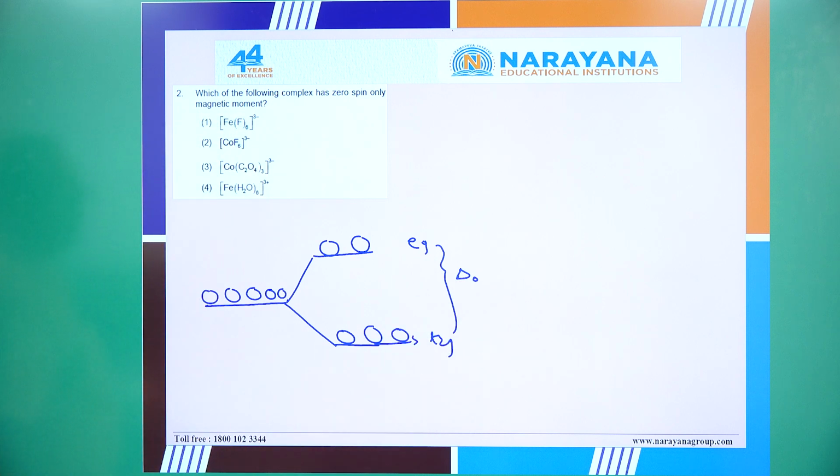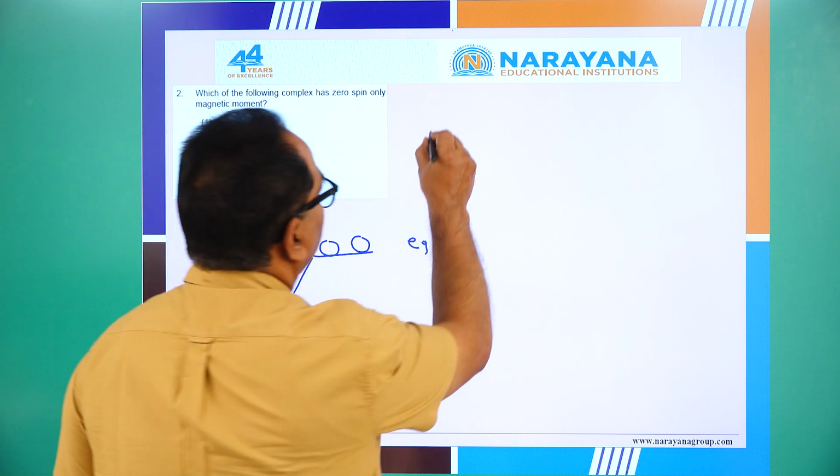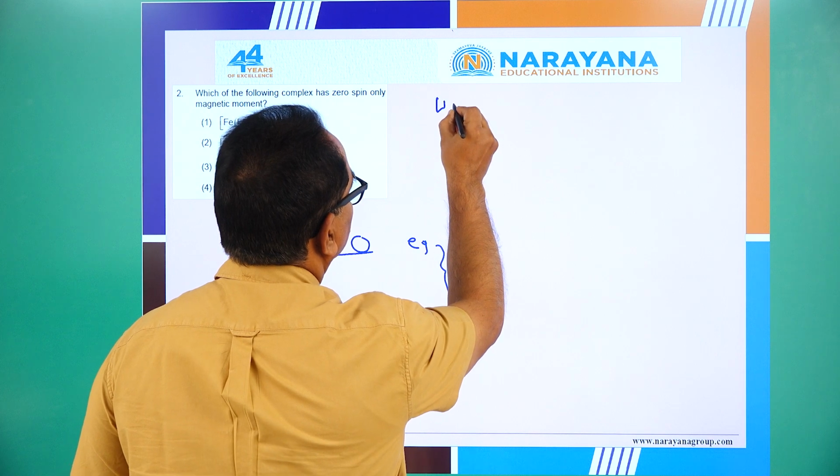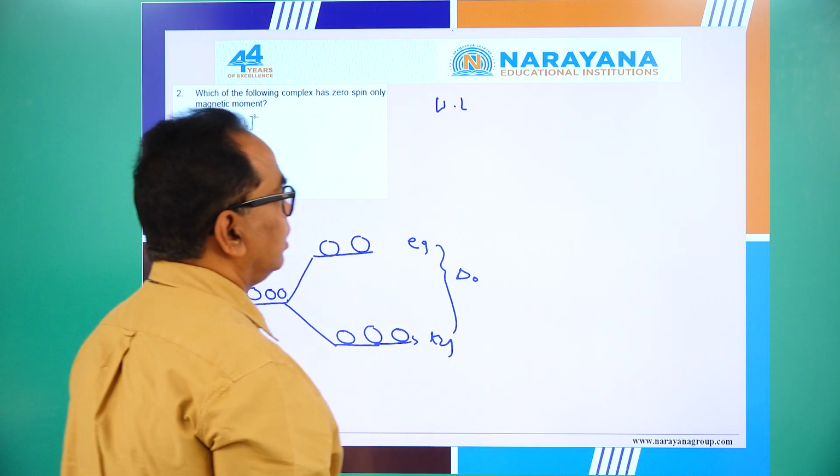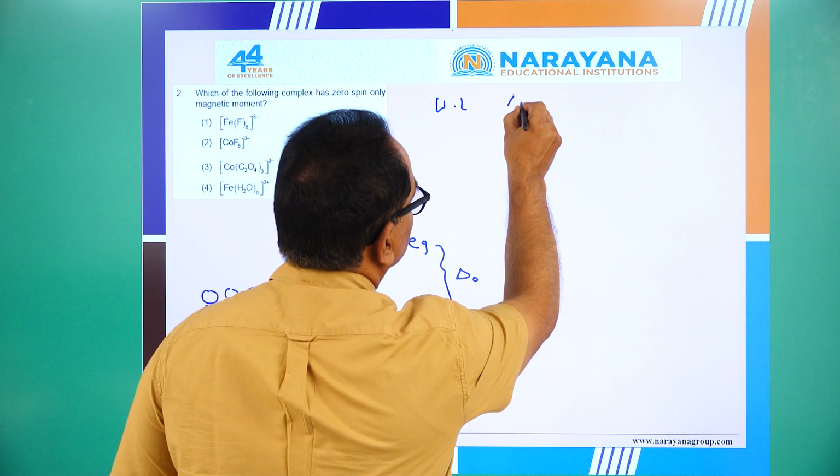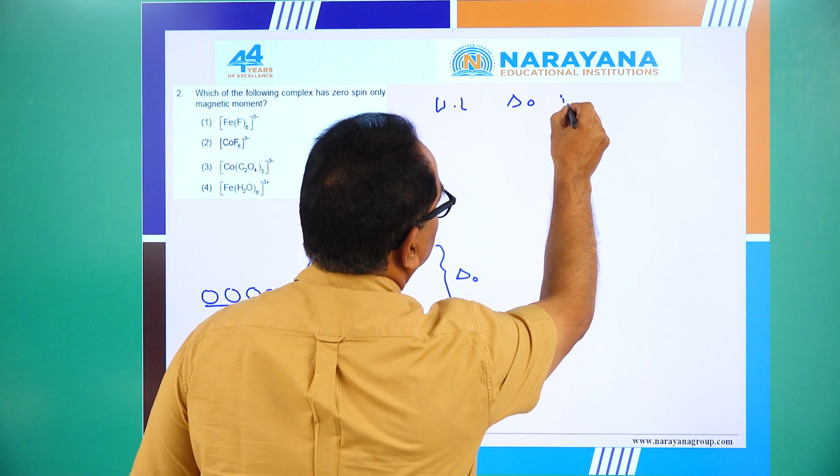This delta O is influenced by the ligands. If it is a weak ligand, delta O is less.